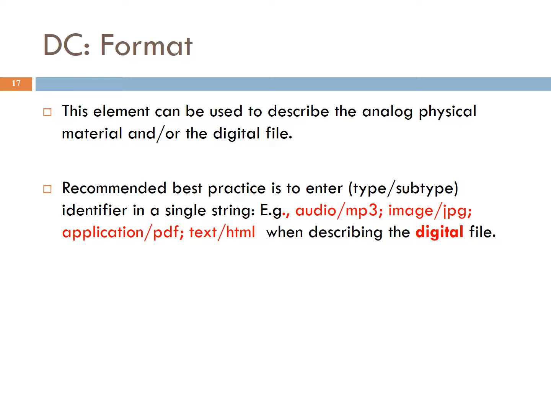Still images for both the original work as well as this digital version or manifestation. We say image, but then we include a slash and then the file type, and that's the standard format for entering file types in the format field.